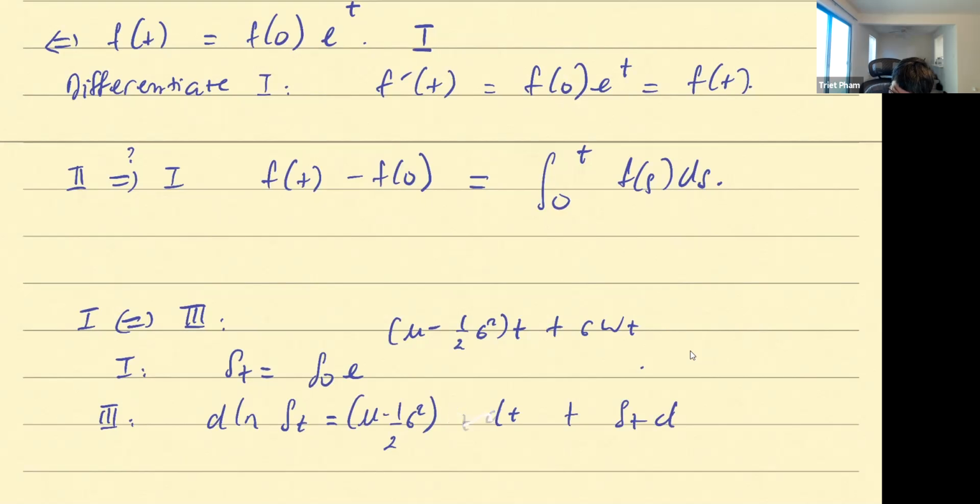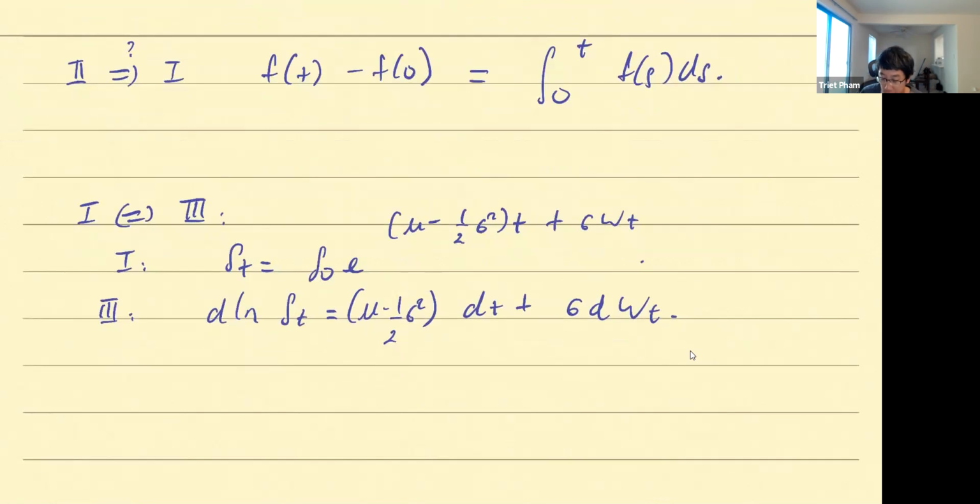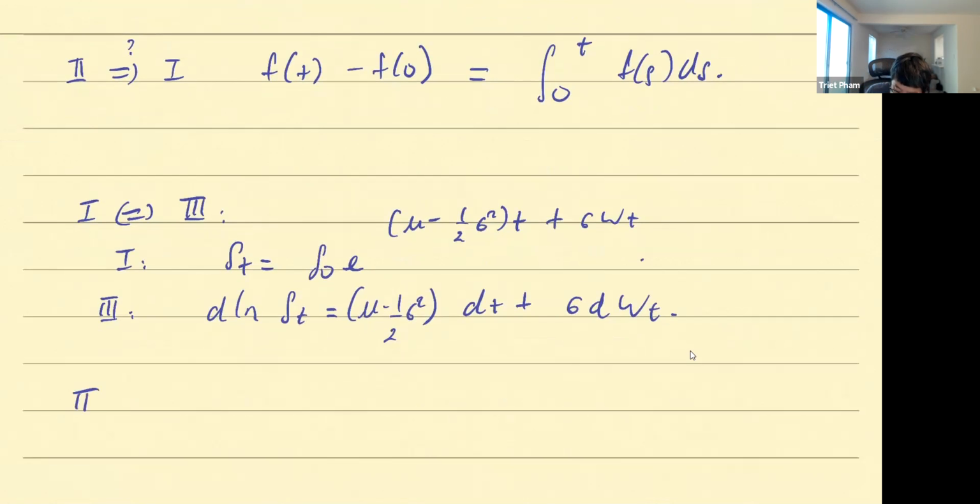The relation between 1 and 3 actually is very easy. In fact, we go from 3 to 1. How? Well, you integrate both sides of 3.